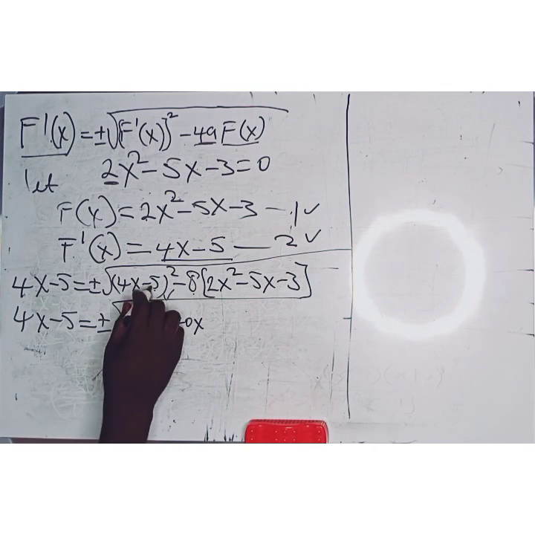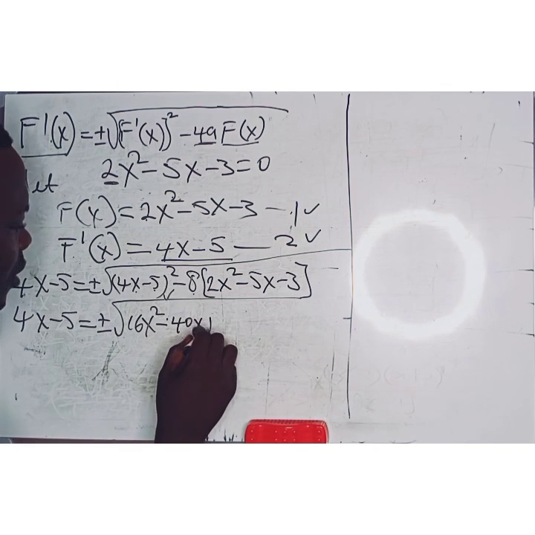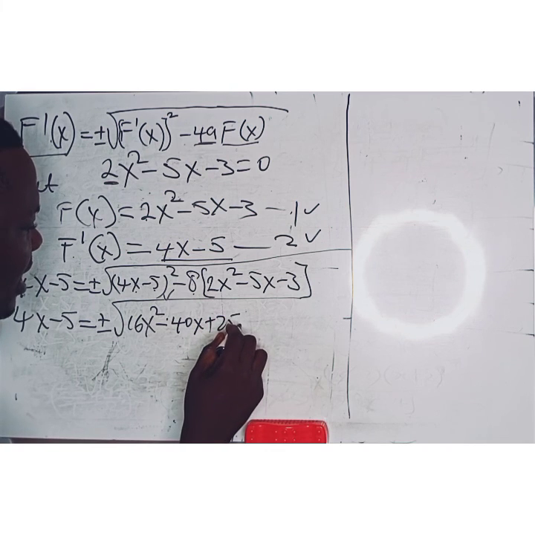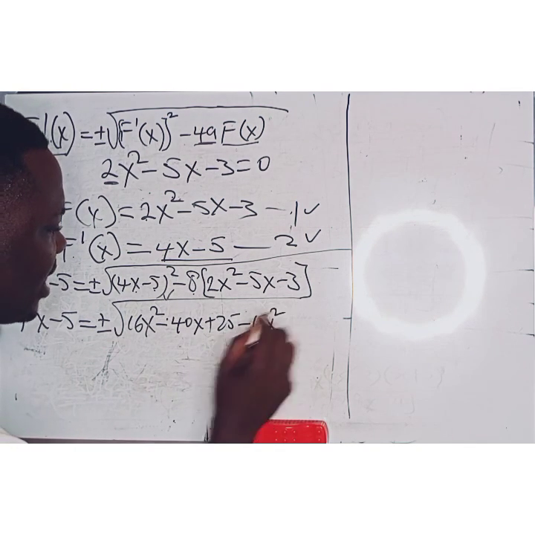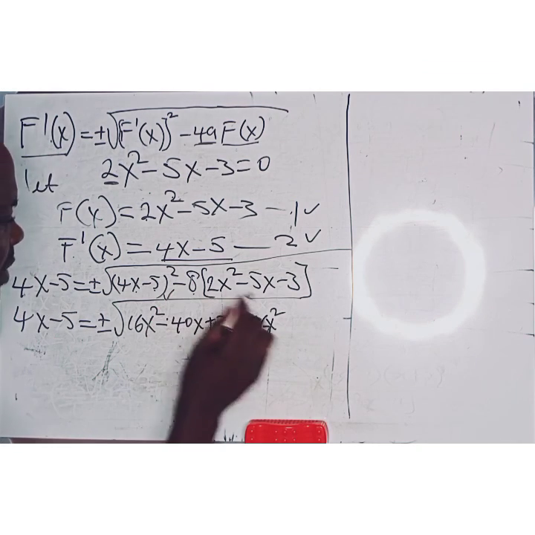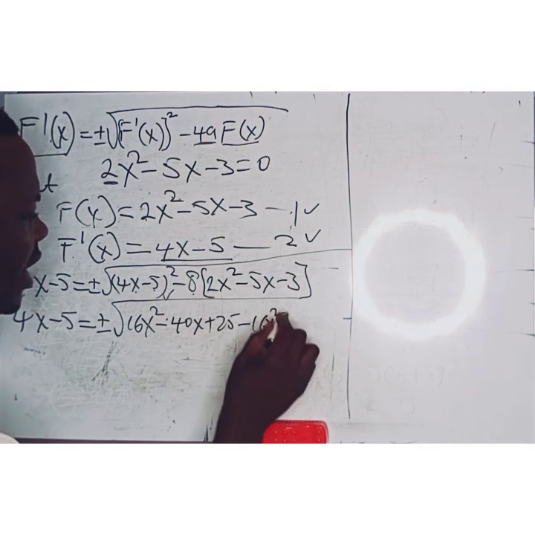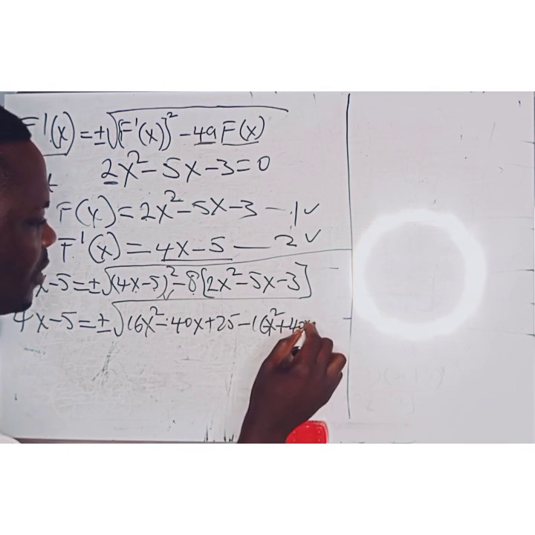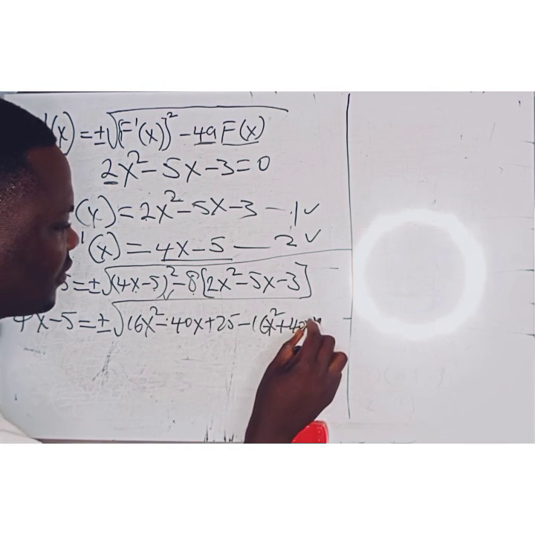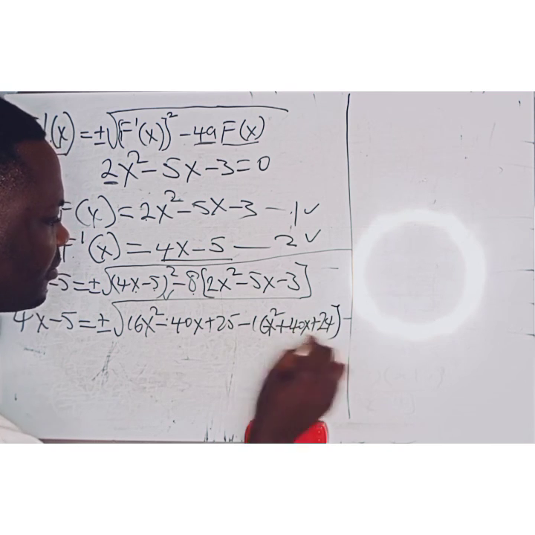Then minus 5 squared is plus 25. Then minus 8 times 2 is 16x squared. Minus times minus is plus, 8 times 5 is 40x. 8 times minus 3, minus times minus is plus, 8 times 3 is 24, okay?